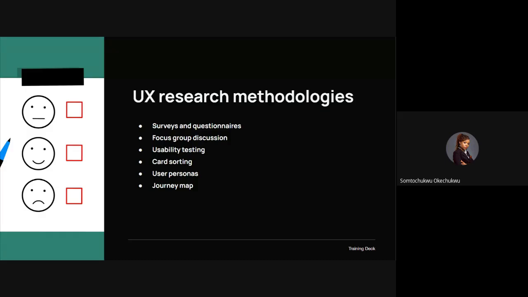I think that's part of what I'll cover in the next slide: some of the things you need to consider even before you carry out research, some ethics around it. Cultural considerations is one of the things, and then of course the different kinds of users you might most likely encounter.